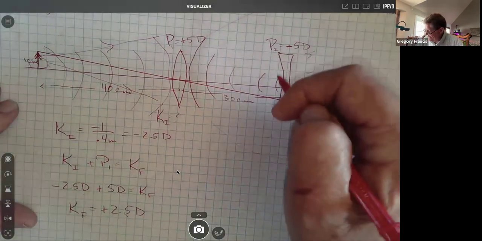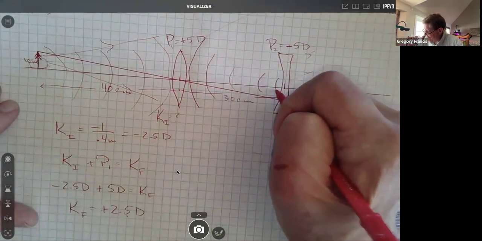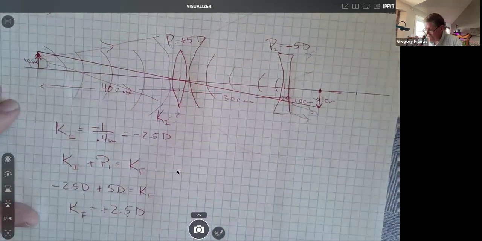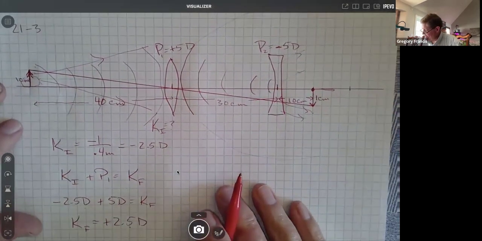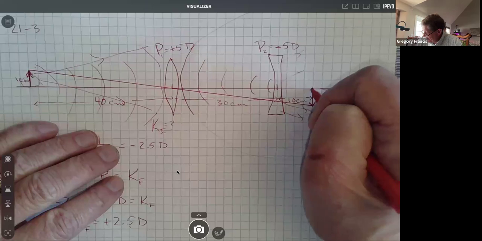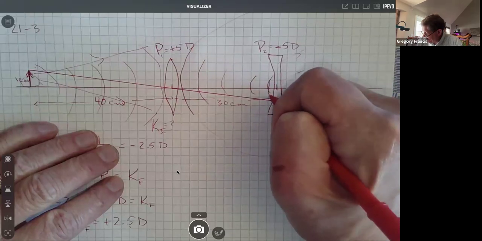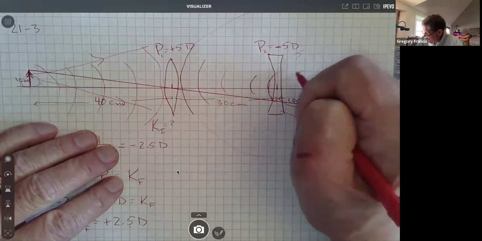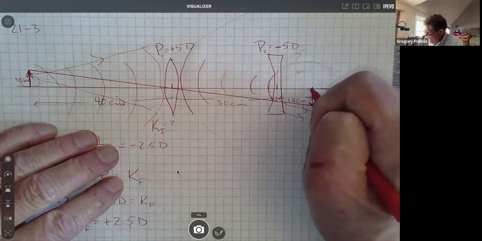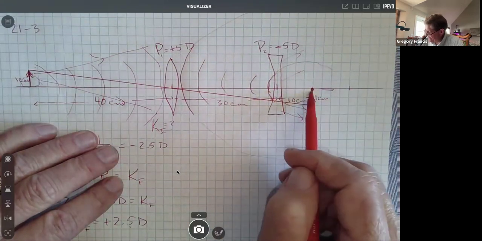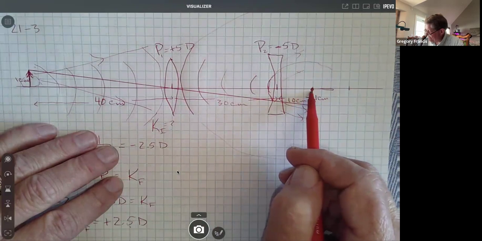Okay. We need to find the curvature right here before it hits the second lens. Well, again, the center of the circle that this represents has its center 10 centimeters in front or to the right.